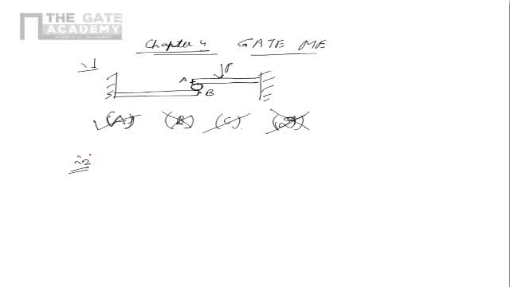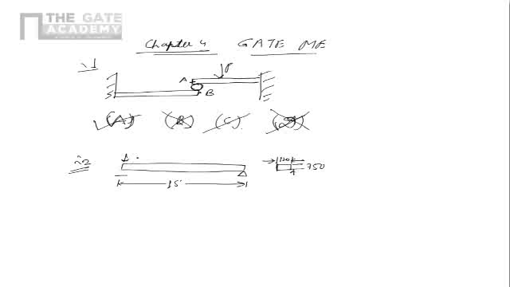So we have a beam which has a breadth of 120 and height of 750 millimeter. Its span is 15 meter, and there is a UDL, uniformly distributed load, of 120 kilonewton per meter. This is the value of q, let's say.